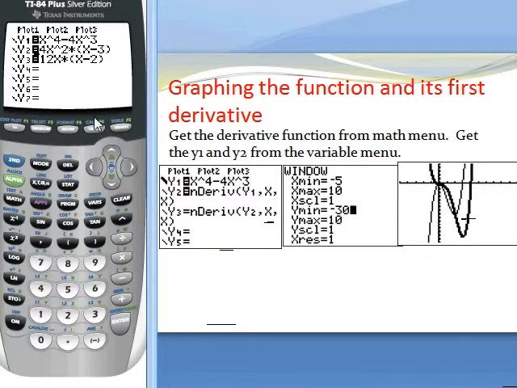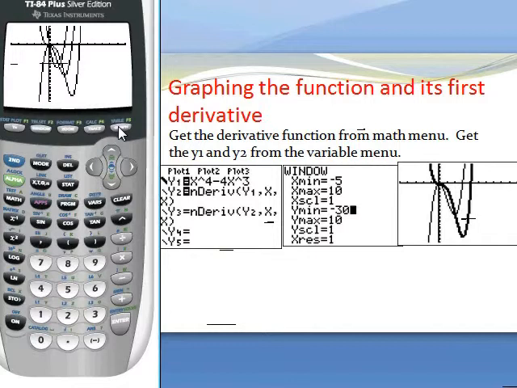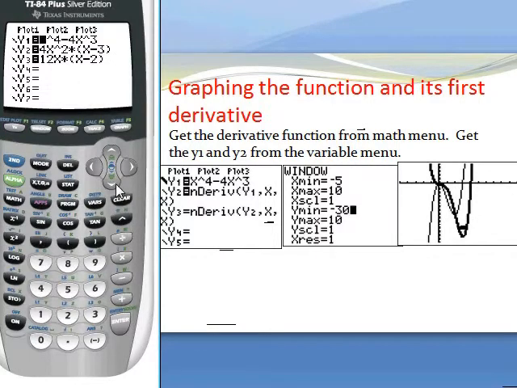I set my window equivalent to what I did before, -5 to 10, and so forth. And when you push graph, you're going to see, let me take the second derivative out of the picture and make that disappear.